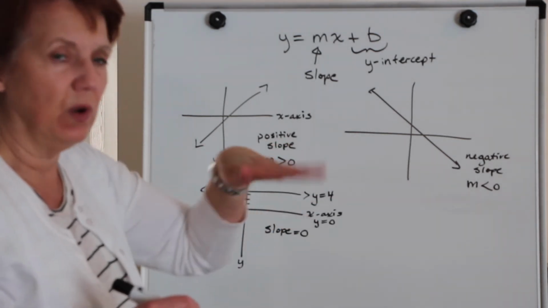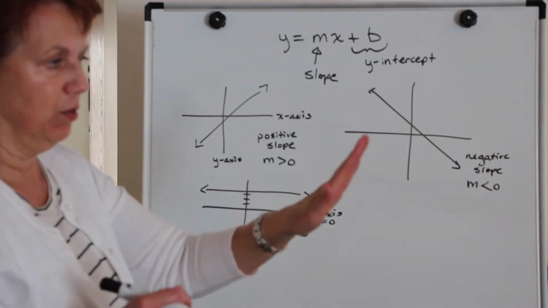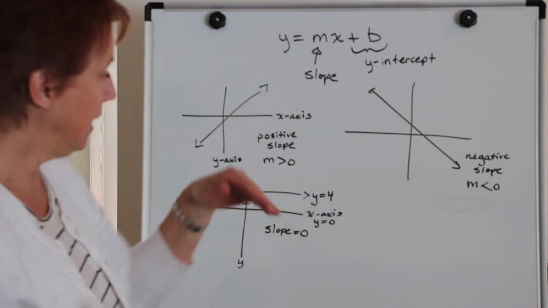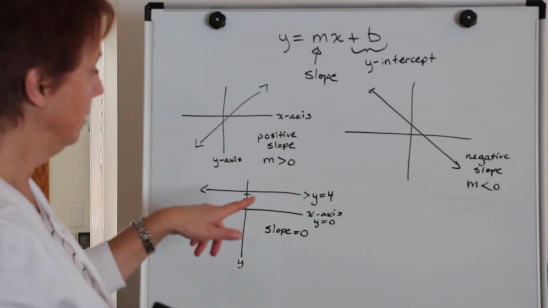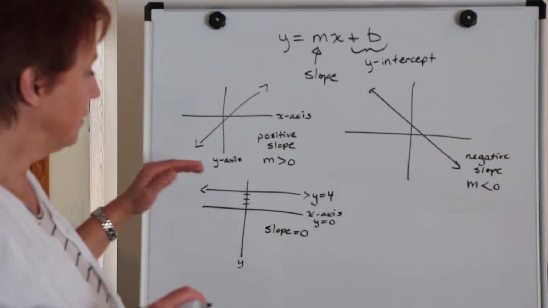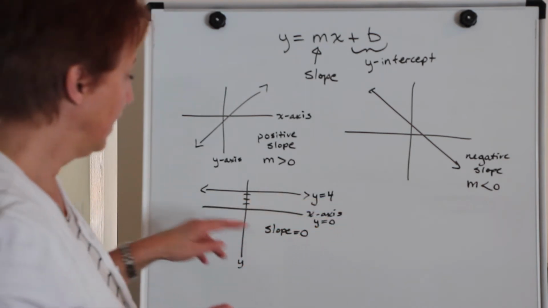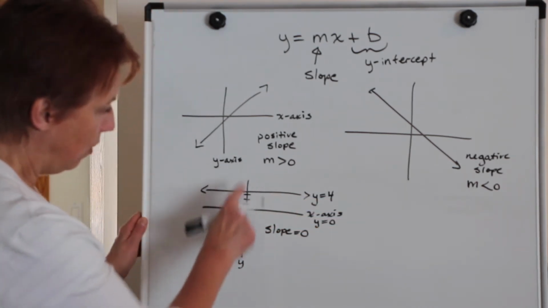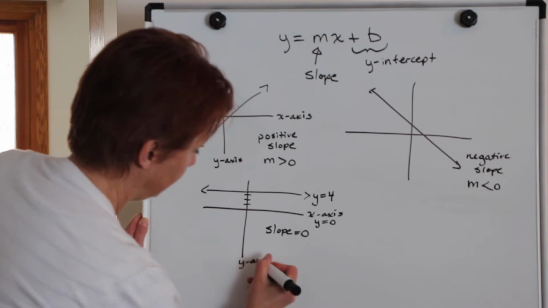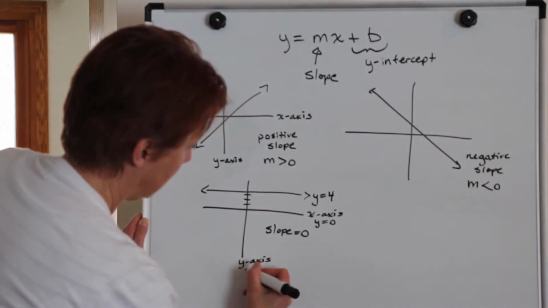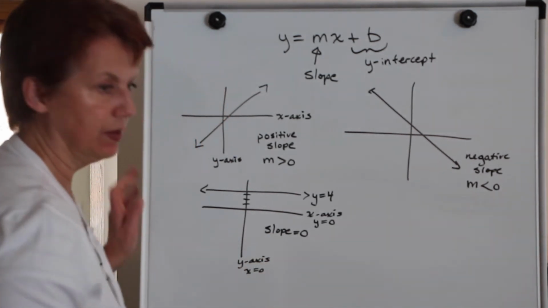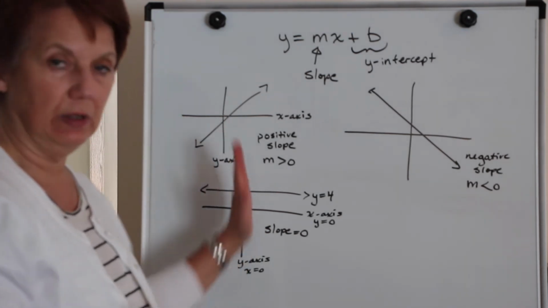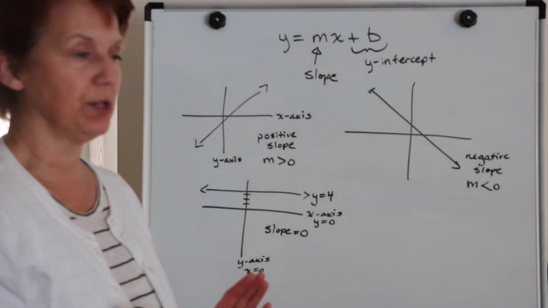They don't rise, they don't fall, so they're just perfectly horizontal. Those lines all have a straight y equals equation. The y-axis has the equation x equals 0, okay, so all perfectly vertical lines have an x equals equation.